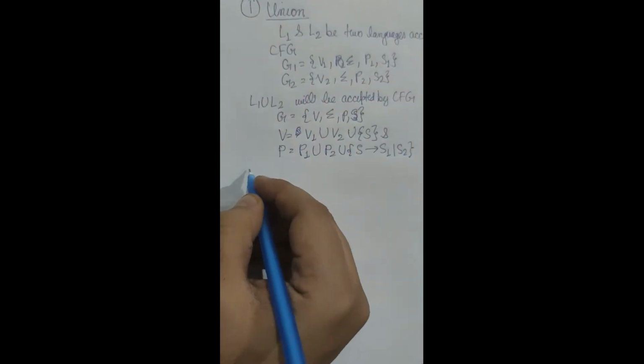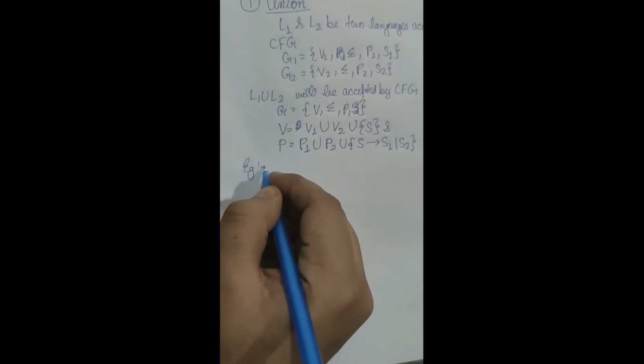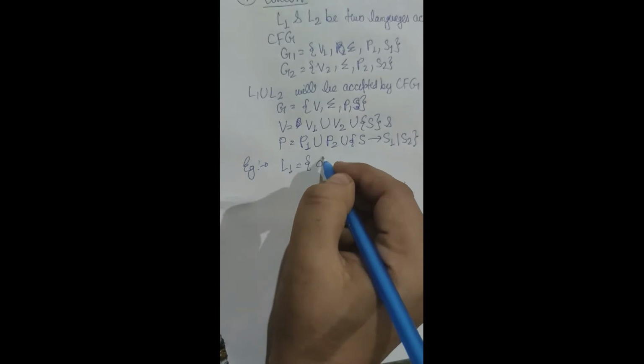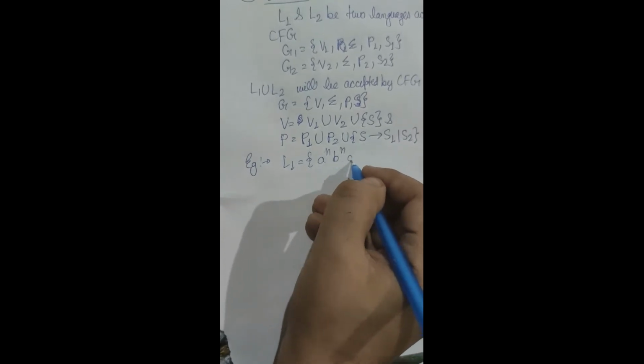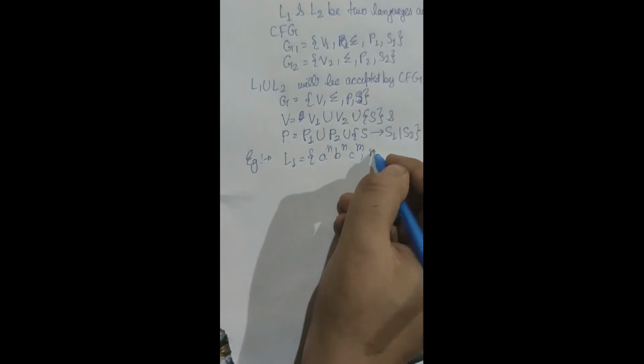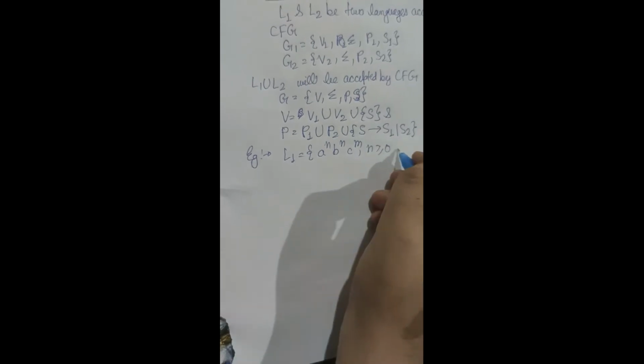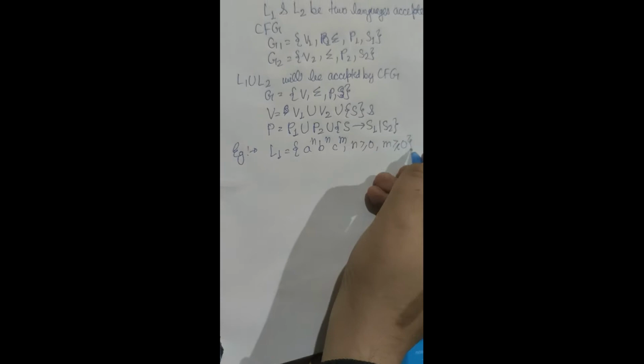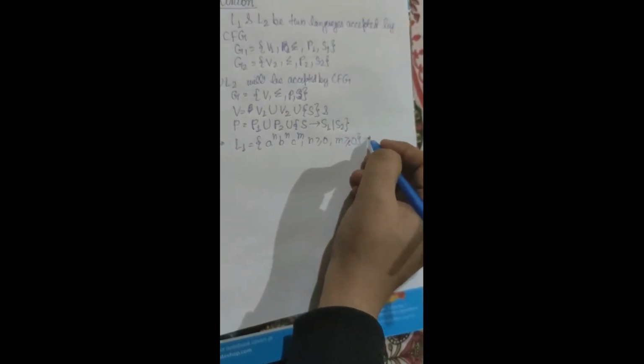For an example, let us say L1 is A raised to the power n, B raised to the power n, C raised to the power m, where n is greater than 0 and m is greater than or equal to 0. This is a context-free language, as we know that for n A's that are pushed into the stack, n B's are popped out.